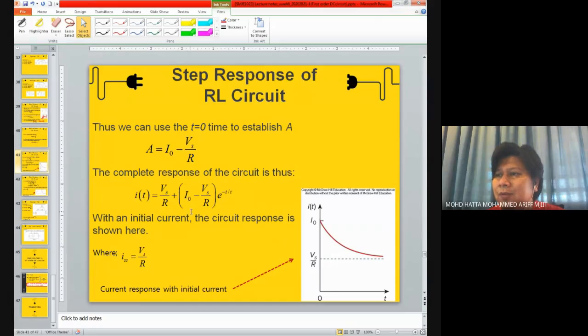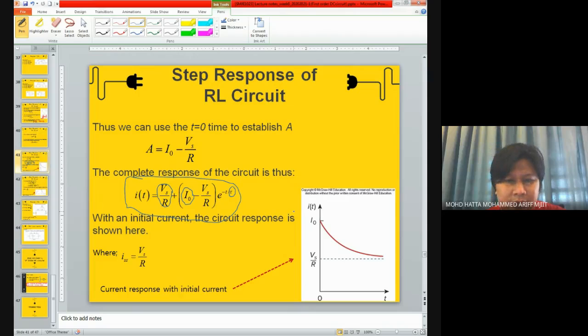You should write your complete current using this equation. You should know this one is ISS, I steady state, and this one is your I initial, and you also need to calculate your tau. If you have these three parameters, then the equation of current flowing through the inductor is complete.